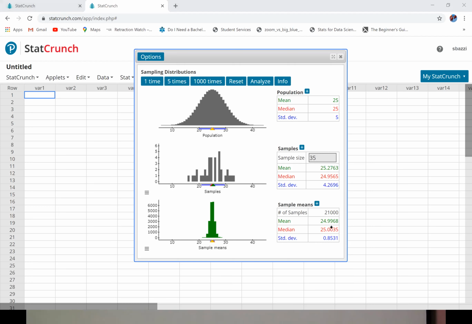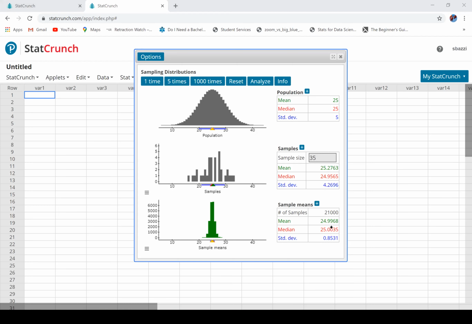So here's what I'd like you to do. Take the 5 and divide it by the square root of 35. I don't know why the annotation is not working well. All right, so what do you guys get? I'm going to do that as well. 5 divided by, why square root of 35, guys?